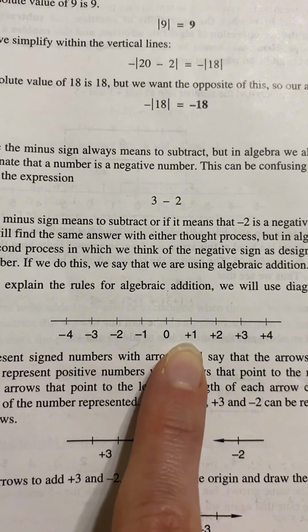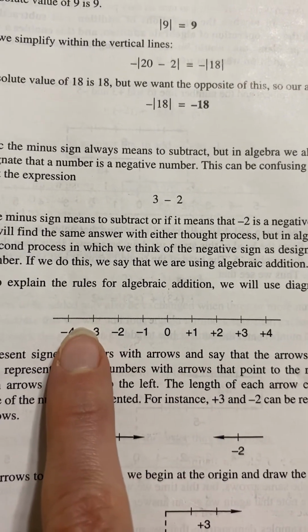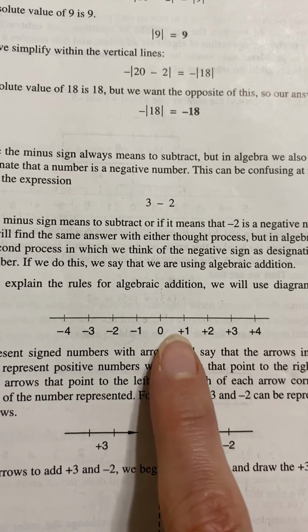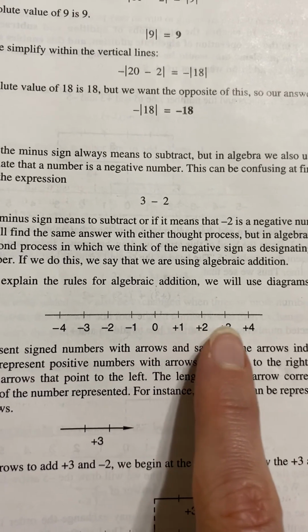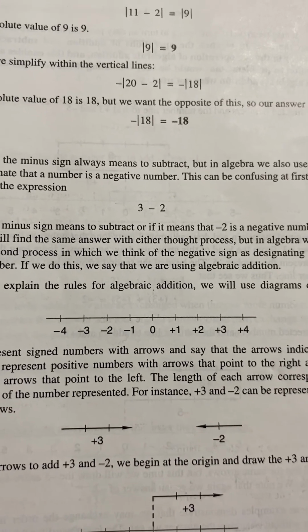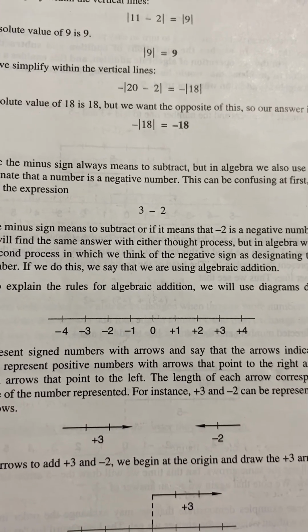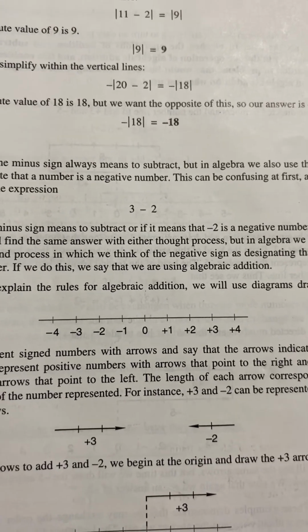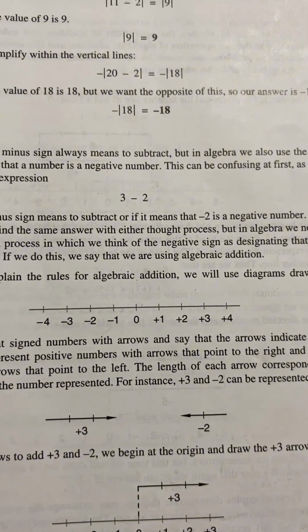From -4 to 0 is 4 units. 1, 2, 3, 4. From +4 to 0, it's 1, 2, 3, 4. So if you had the absolute value of -4, it would be 4, a positive 4. The absolute value of a positive 4 is a positive 4.